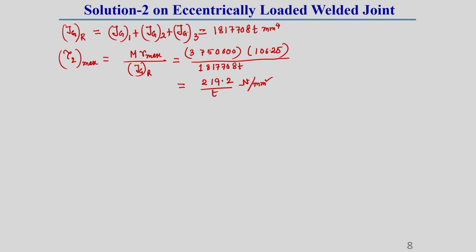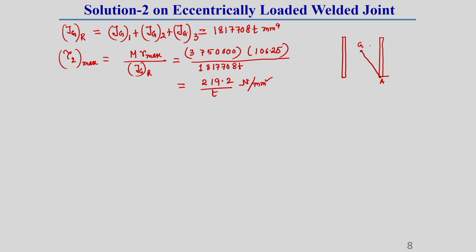Here you can see this is one vertical weld, this is another vertical weld, and this is G. This is the farthest point we consider, our A location.